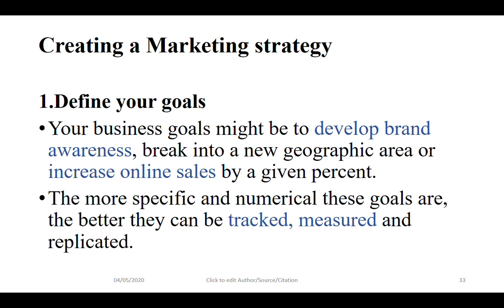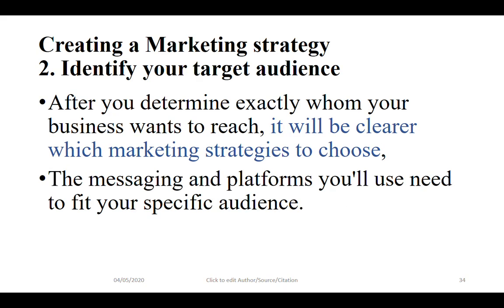If it is monthly, tell us the volumes that are expected to be sold as a goal to achieve by end of the season, of the period. So if you have not set them in such a way that they are measurable, then they are not achievable. So those goals have to be specific.